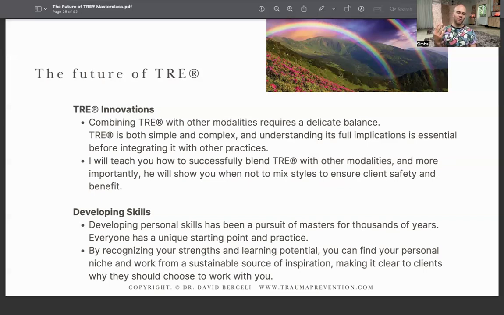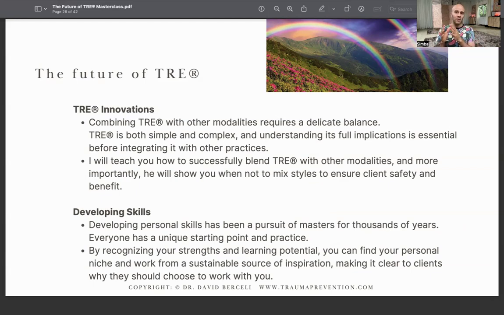So let me rephrase what I mean. I work with TRE and I take in elements from other modalities onto TRE, which allows for a richer experience, which allows for a continuous growth while respecting TRE, the legacy, the way we do it, and what TRE is.